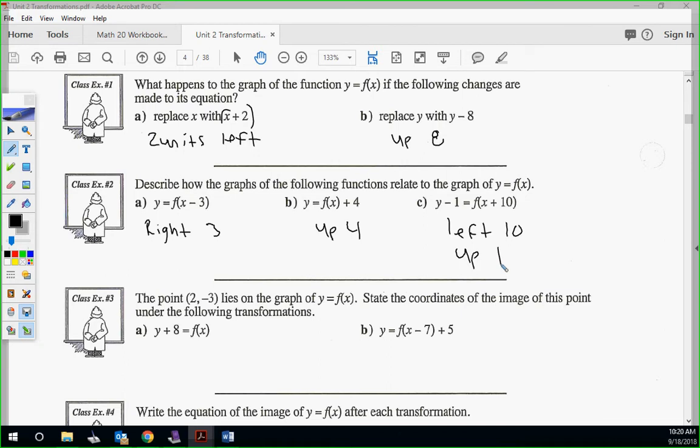State the coordinates of the image at the point under the following transformation. So what is this point after this move? So what happens to it? Goes down 8. And it was -3, so if I go 8 more down, -11. Good. So this point becomes 2, -11.